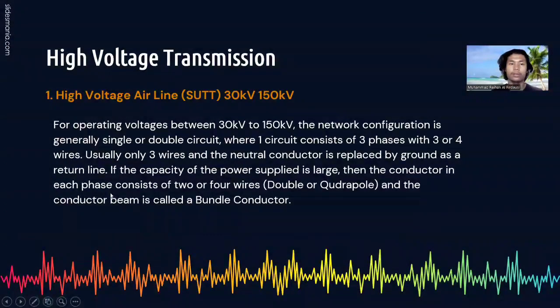Okay, we go to the aspects of high voltage transmission. The first is the high voltage airline, or SUTT, about 30 kilovolts until 150 kilovolts. The meaning is for operating voltage between 30 kilovolts to 150 kilovolts. The network configuration is generally single or double circuit, where one circuit consists of 3 phases with 3 or 4 wires.